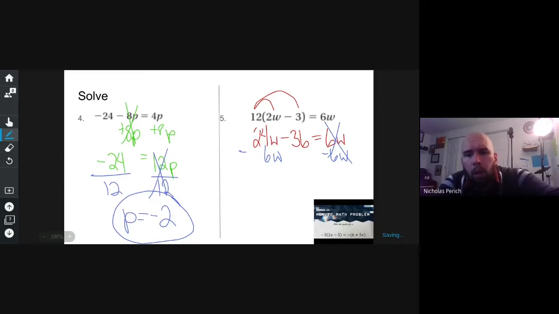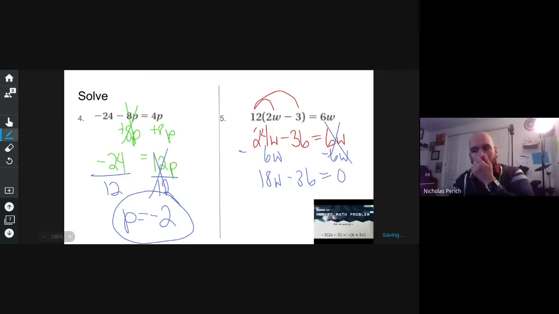Now, if you're like, the entire right side just crossed out, you did something wrong. No, I didn't. I have 18W minus 36 equals 0. You're allowed to have 0 on one side of the equal sign.